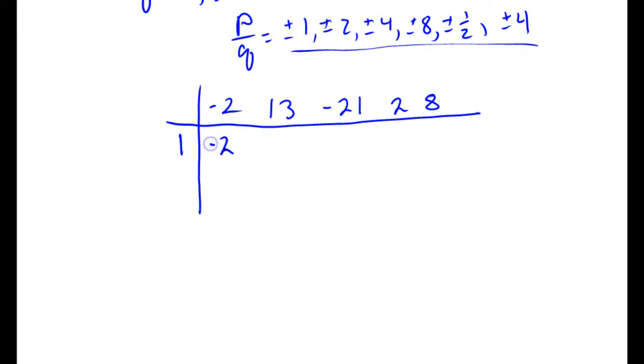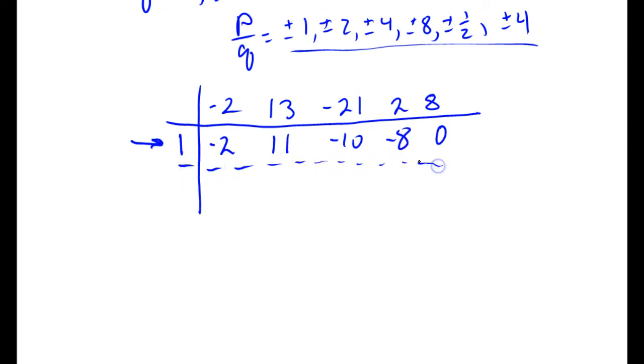So I bring down the negative 2. 1 times negative 2 is negative 2, plus 13 is 11. 1 times 11 is 11, minus 21 is negative 10. 1 times negative 10 is negative 10, plus 2 is negative 8. And finally, 1 times negative 8 is negative 8, plus 8 is 0. So we lucked out. We know that this is a 0.